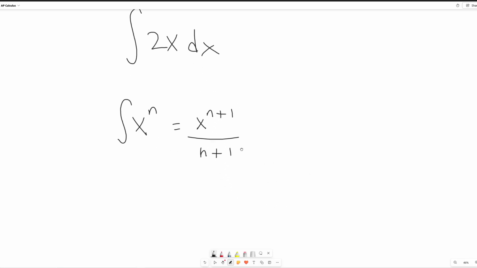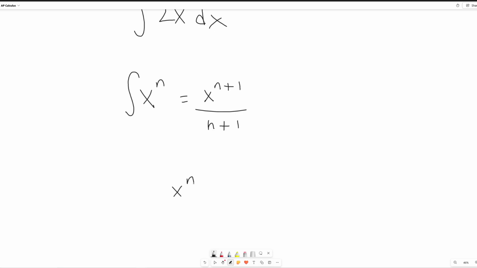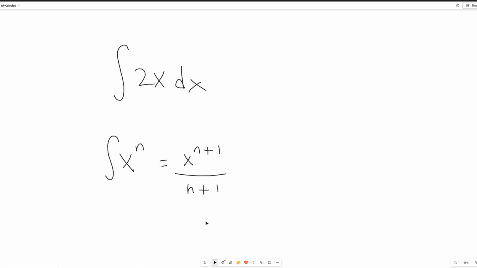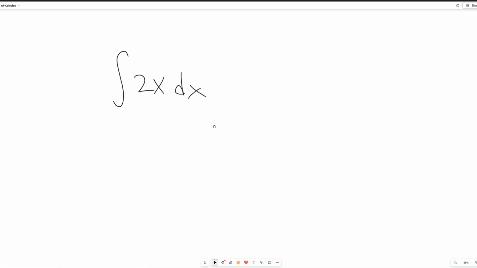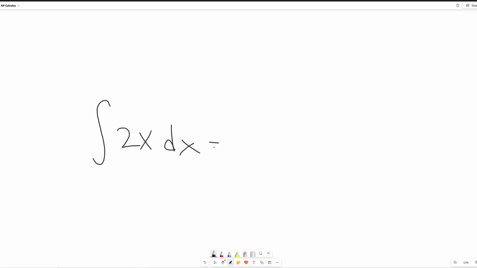This is the reverse of the power rule, where you have x to the n minus 1 and then you bring the n to the front. This is the exact inverse of that. So, the integral of 2x is 2x to the 1 plus 1 over 1 plus 1. So 2x squared over 2, which is x squared.